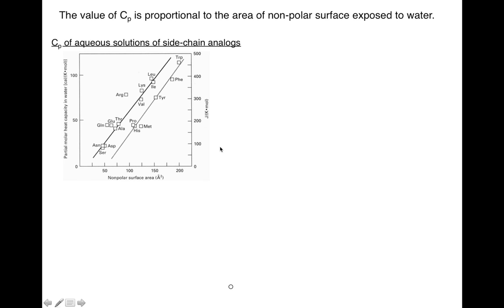Again, consistent with this idea that the more nonpolar the amino acid is, the more you're forcing these rearrangements in the solution, forcing these local structures of hydrogen-bonded waters to each other and so forth, and therefore you have to add more heat to break them up.